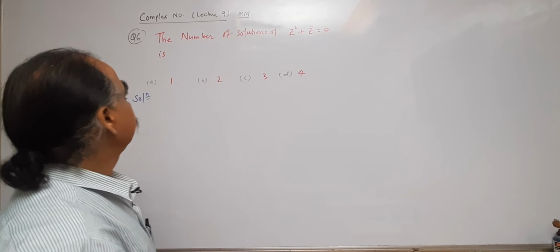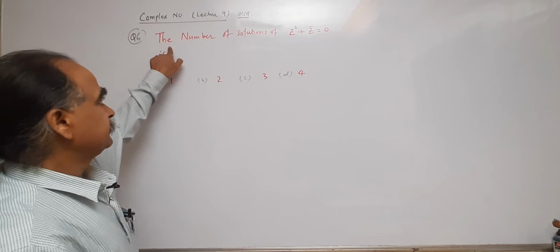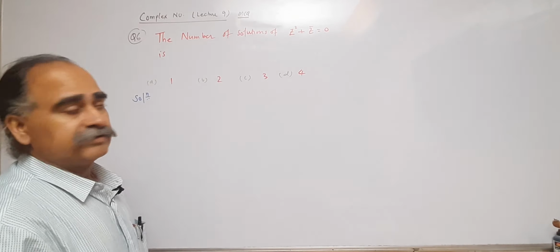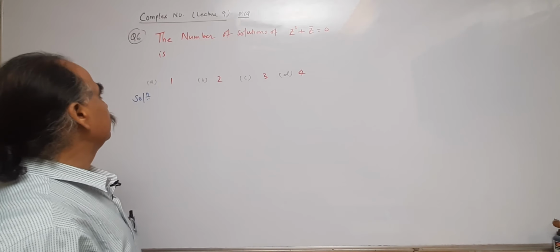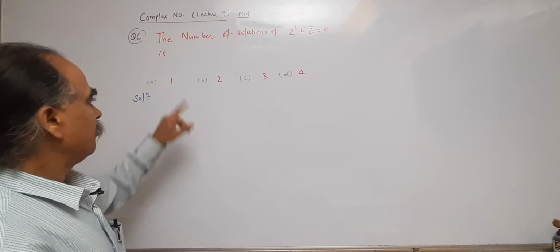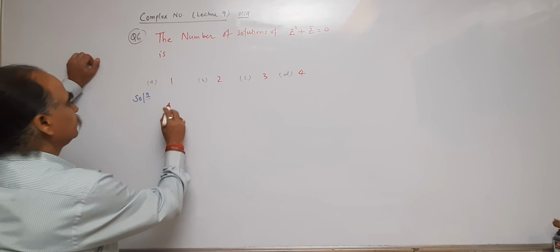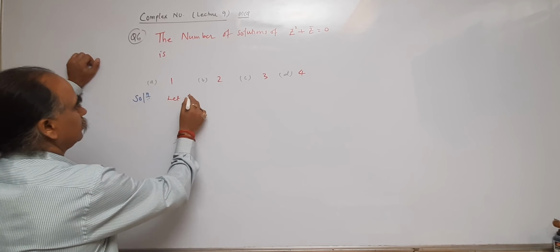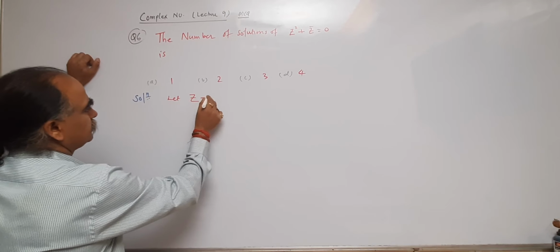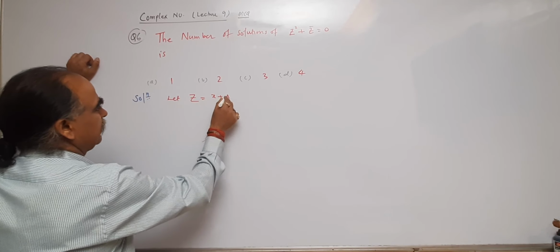Yes, friends. Next problem: the number of solutions of z square plus z bar is equal to 0 is, options are 1, 2, 3, 4. Let z be x plus iy.